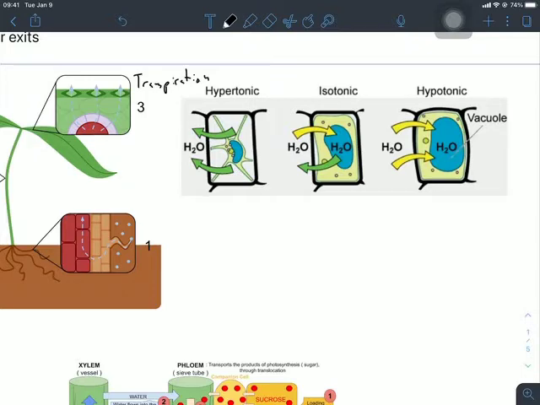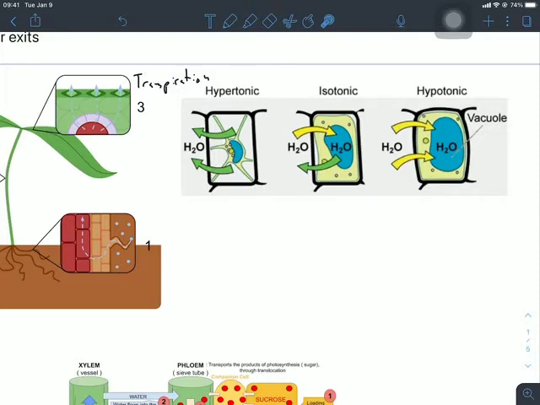If there's a lot of dissolved materials on the outside of the cell, water will leave the cell because that solution is hypertonic. And in order to balance out the amount of water on each side, water will diffuse across the membrane, also known as osmosis, and actually eventually kill the cell and cause the plant to wilt.